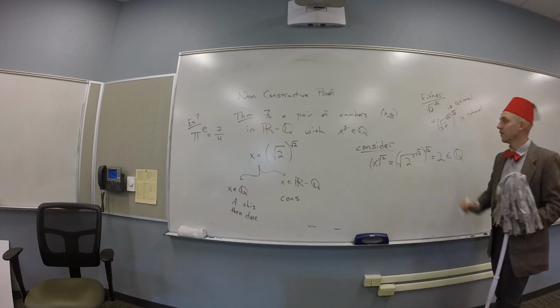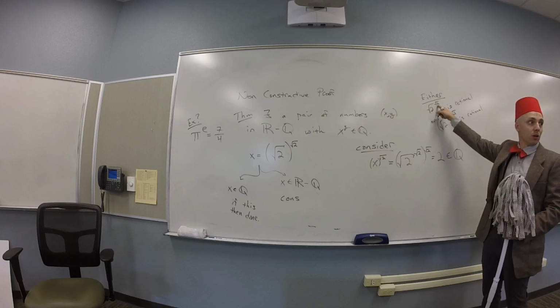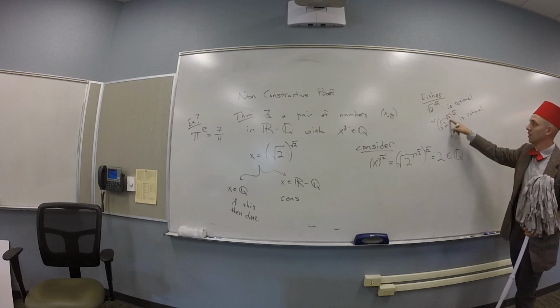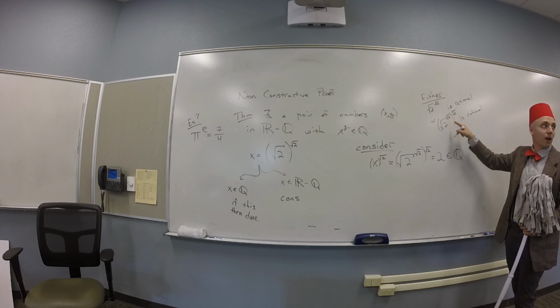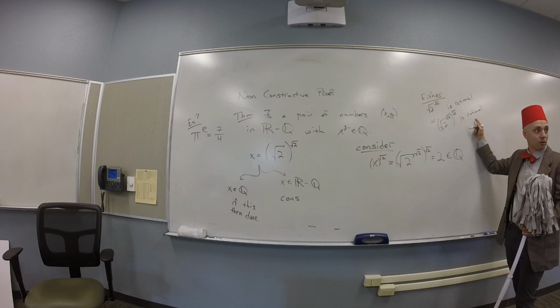And this is one irrational number raised to another irrational number. I don't actually know whether this number is irrational or not, but I know that if I raise it to this irrational power, I get a rational number out.